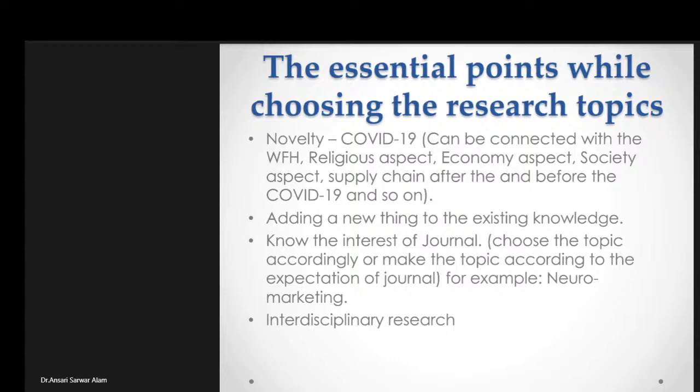Now, know the interest of the journal. If you are not coming up with novelty, or you are not getting any topic, you can go with a research topic which has been conducted in Australia, in Malaysia, or in America. At that time, you will be getting research work on it.